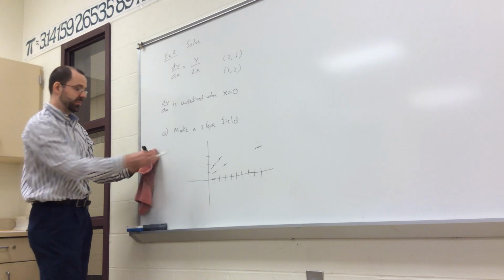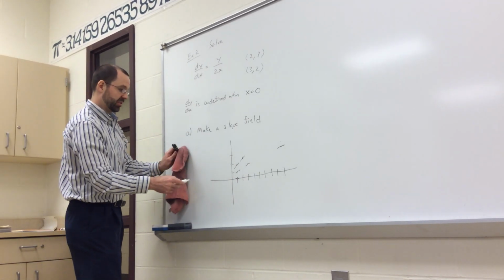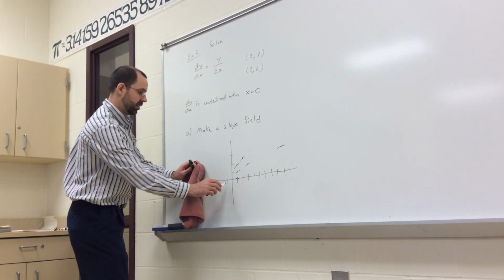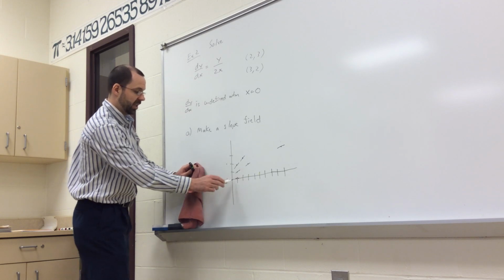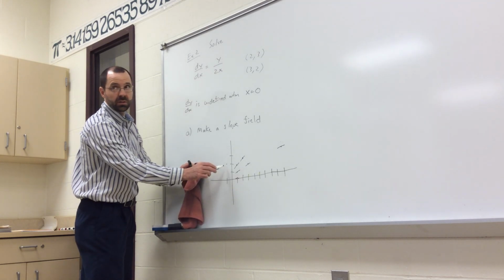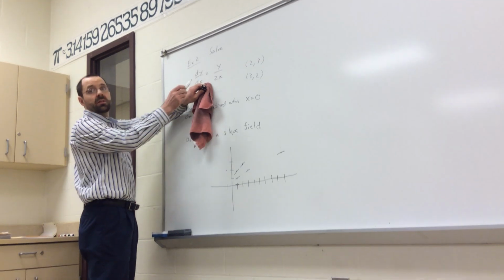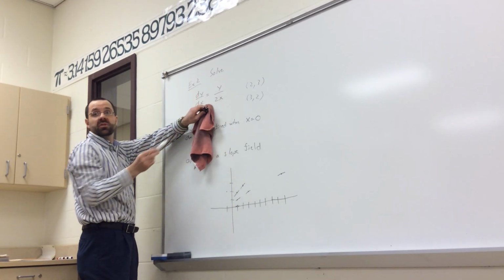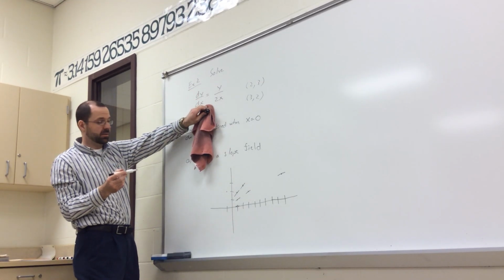Okay, unfortunately I need some down here too. So let's go with some negatives. (-1, 2) would be 2 over -2, so it would be -1.